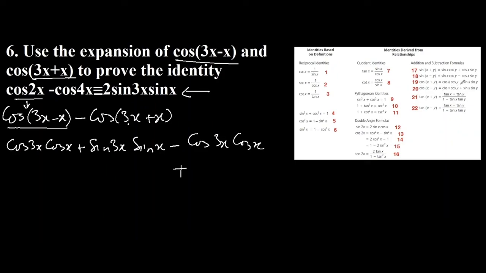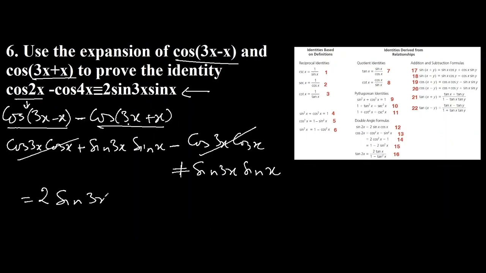If you see, it has a negative, but because we are subtracting the whole of it, the sign will change, so it will become positive here. Positive sin 3x sin x, and since they are exactly the same and opposite sign, they cancel out and we are left with what they want. 2 sin 3x sin x. Proved. It is equal to RHS.